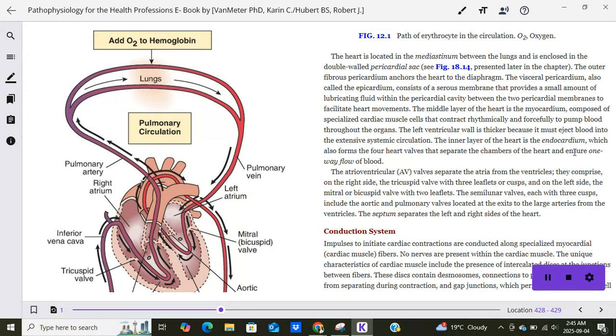Key cardiac structures are labeled, including the pulmonary artery extending from the right ventricle to the lungs, pulmonary vein returning oxygenated blood from lungs to left atrium, mitral valve or bicuspid valve between left atrium and left ventricle, tricuspid valve between right atrium and right ventricle, aortic valve or semilunar valve at the base of the aorta, and pulmonary valve or semilunar valve at the base of the pulmonary artery. The inferior vena cava enters the right atrium from below.